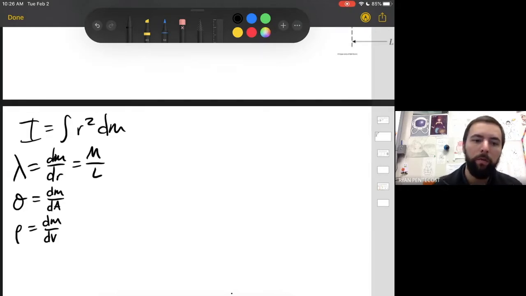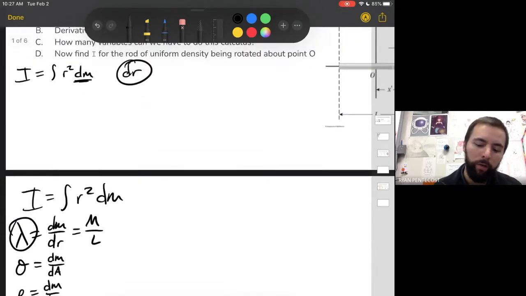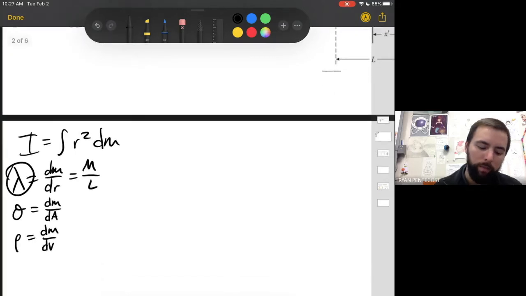So lambda is the only one with any kind of fluidity or varying components there. Now we're going to use linear because we're dealing with just a linear rod of uniform density. So we're not going to assume this is a three-dimensional object or some long cylinder. We're just assuming it is a one-dimensional rod, kind of.